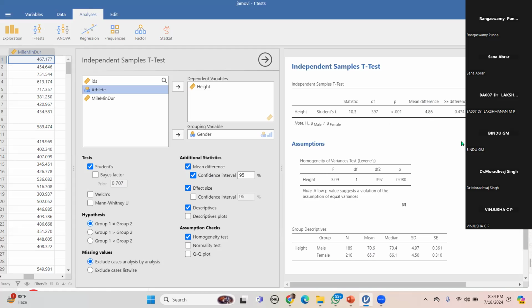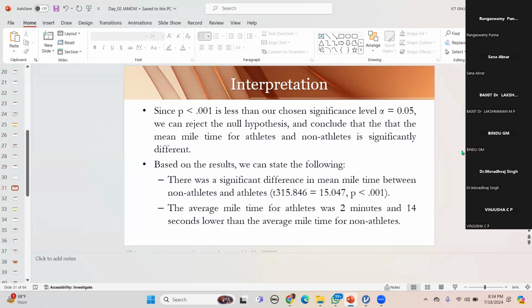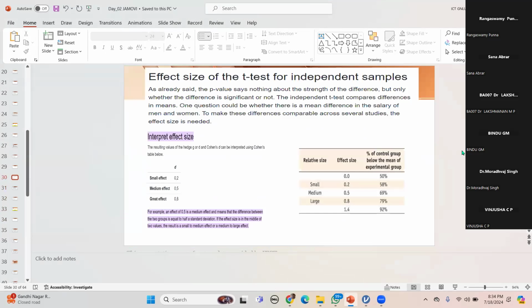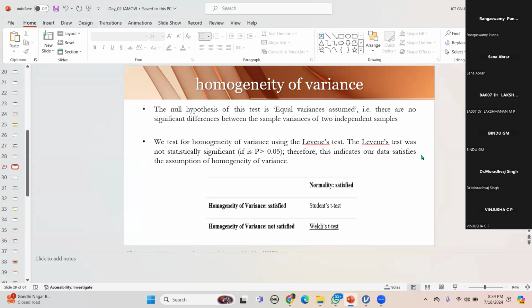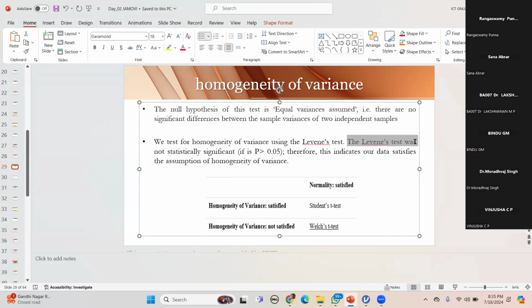One important point one has to see before going to the conclusion is the result of the homogeneity test. Levene's test should not be statistically significant, which means our p-value should be greater than 0.05.